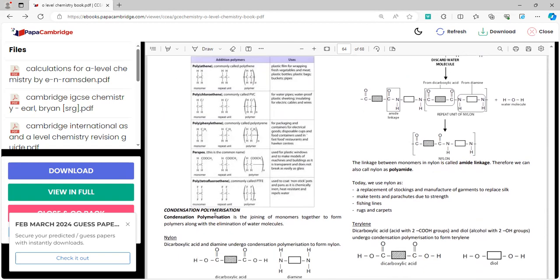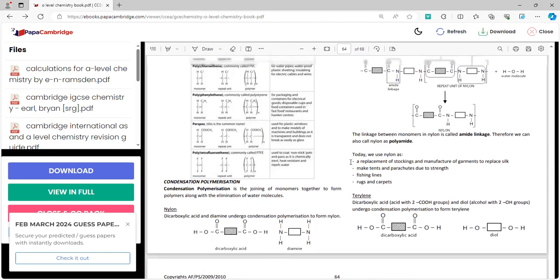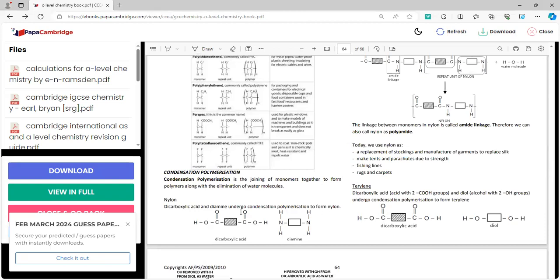Firstly, there's the condensation polymer, in which there's a loss of water, and the principal example is terylene, in which you need to remember that there's a dicarboxylic acid and a diol. You can see there are two carboxylic acid functional groups and two hydroxyl groups. Now, in the case of nylon, there is an acid and an amide.